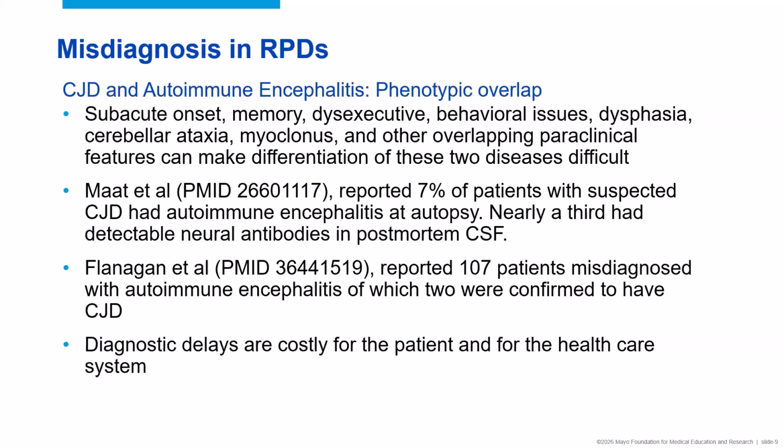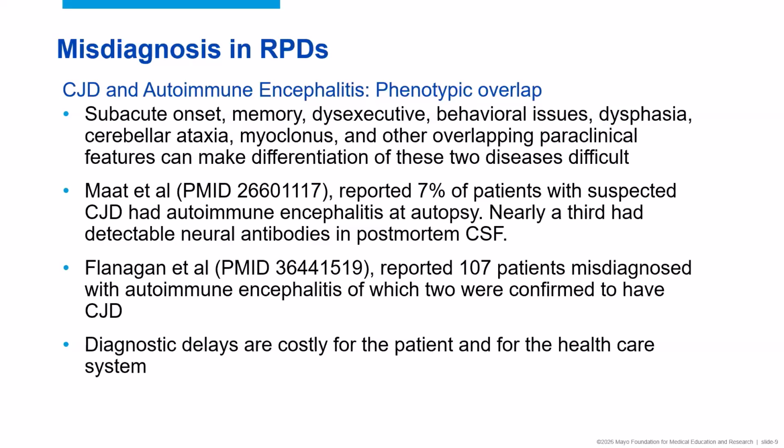The inverse, Flanagan et al. demonstrated that there were 107 patients misdiagnosed, thinking they had autoimmune encephalitis, and then subsequently confirmed at autopsy to have had CJD. So I think we do a good job of distinguishing these, particularly late in the disease course, but there is misdiagnosis that happens, and these are very problematic.